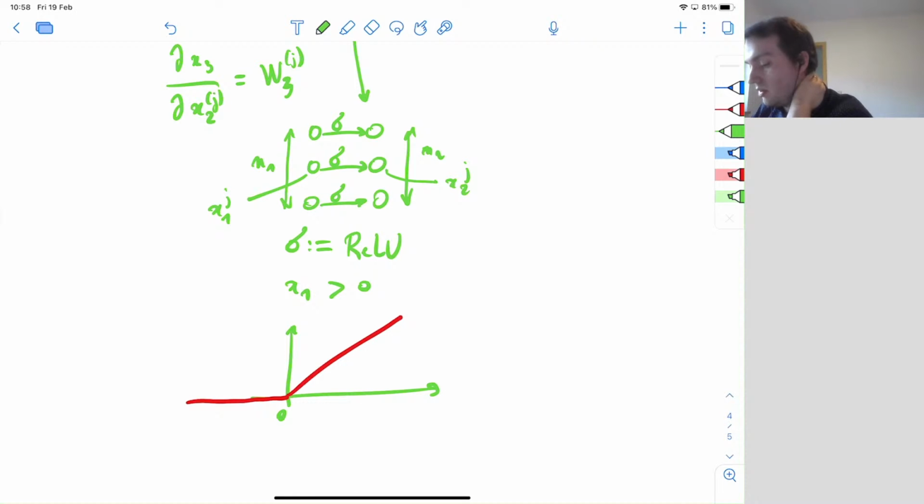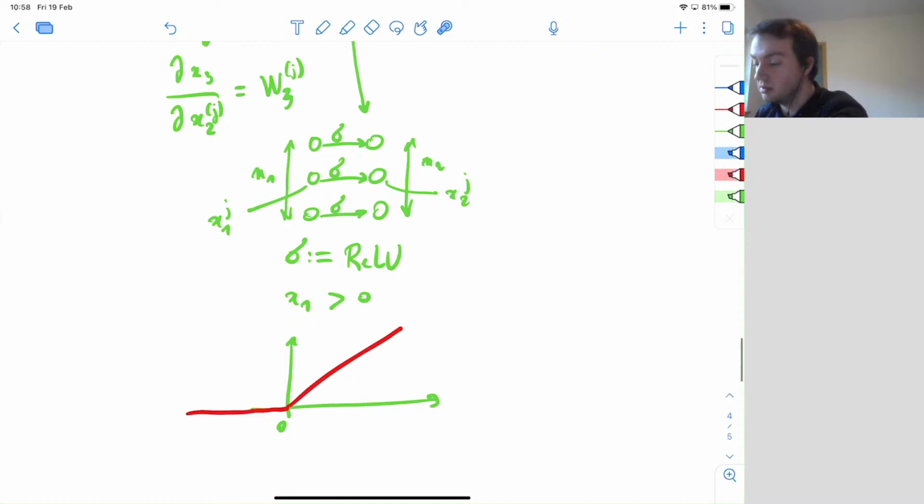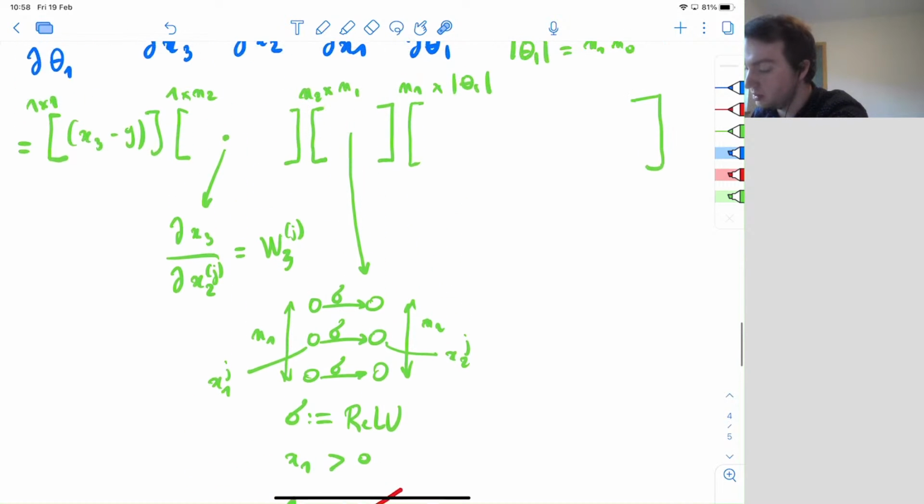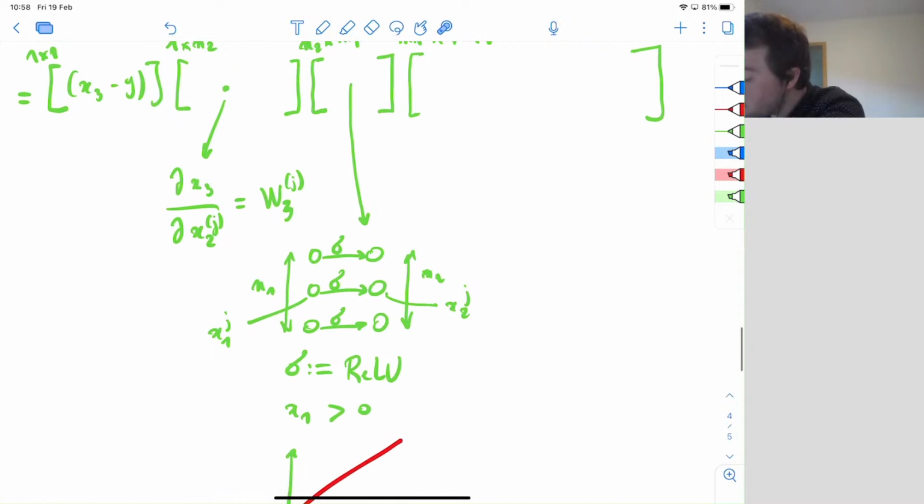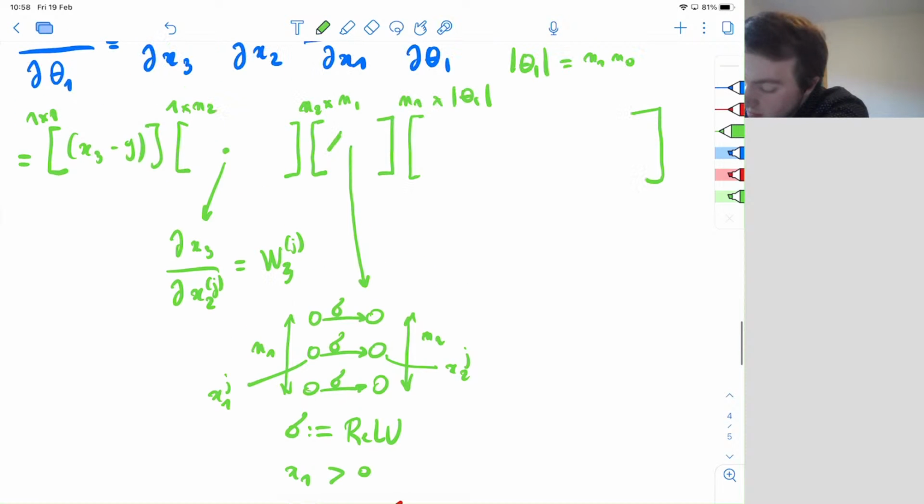If we are now in this regime, that means that x2 is equal to x1, because we are there. And so that's just a straight line, and the slope of this line is equal to 1. So here, what we would have is the identity matrix.